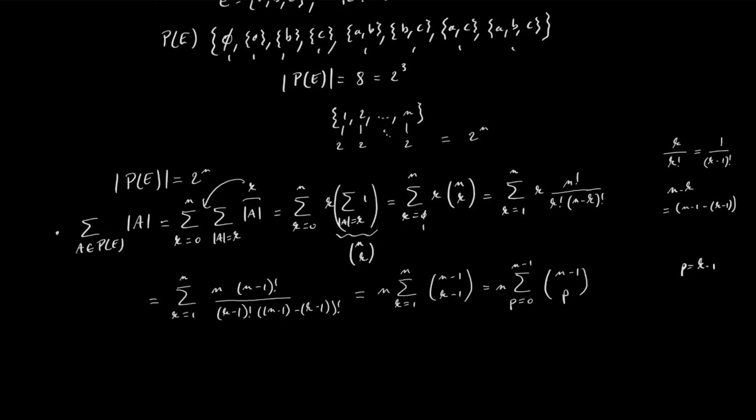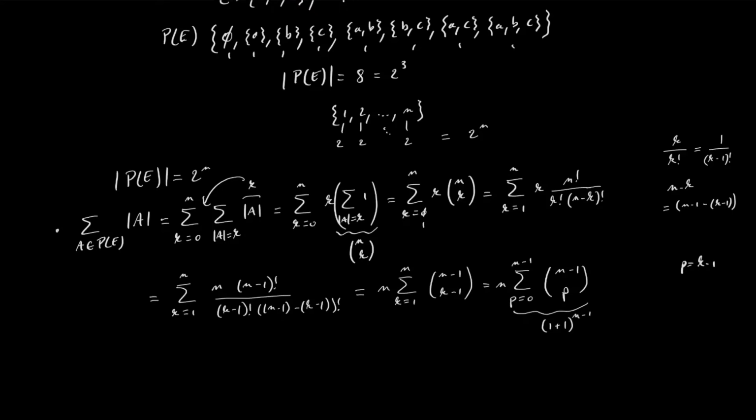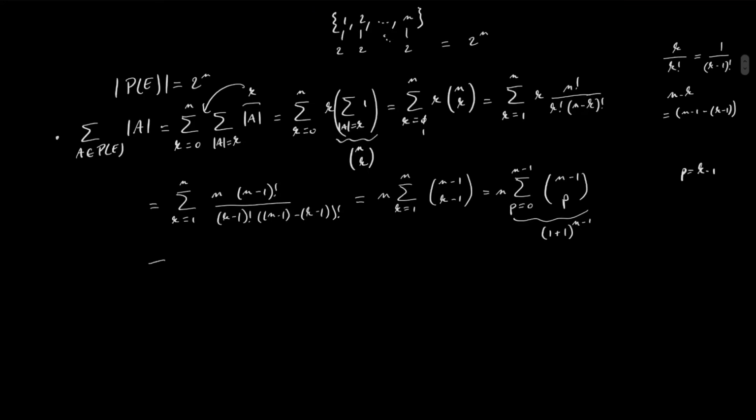And according to the binomial theorem, we know what this sum is equal to, and this is equal to (1 plus 1) to the power of n minus 1. So, in other words, we have this sum, the sum over all subsets A of E of the cardinality of A, that is equal to n multiplied by 2 to the power of n minus 1.